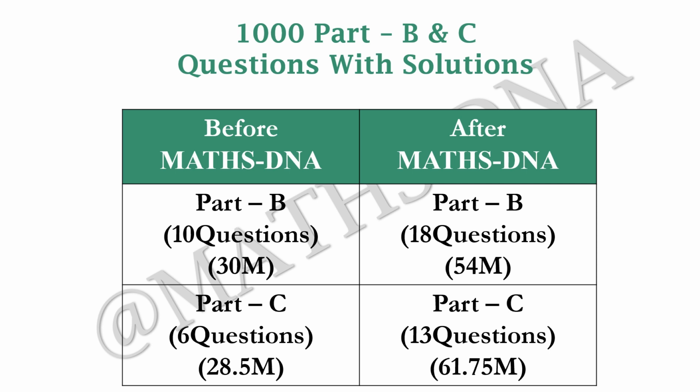But after you go through this 1000 part B and part C questions, you can easily solve 18 questions and you can score 54 marks in part B, and in part C you can attempt 13 questions and you can score 61.75 marks. I hope you all know that in part C there are more than one correct options.